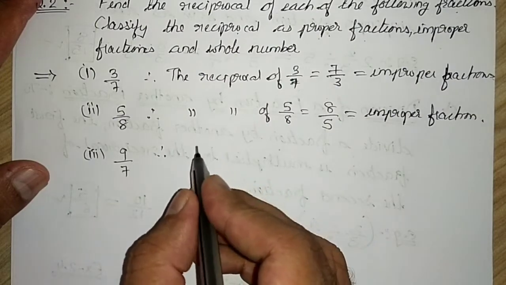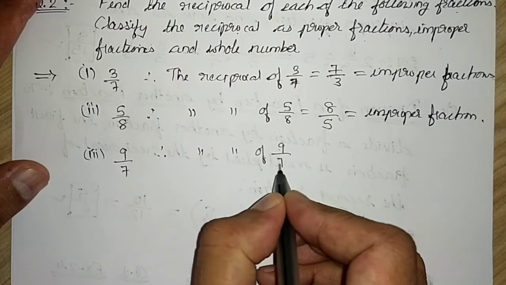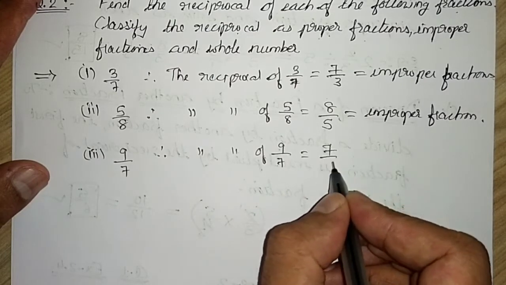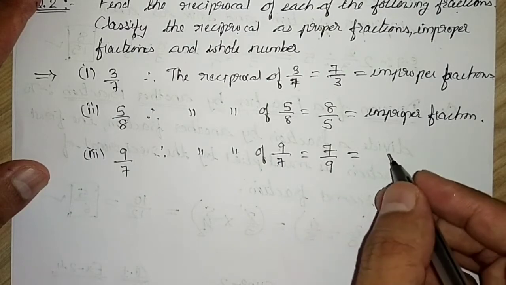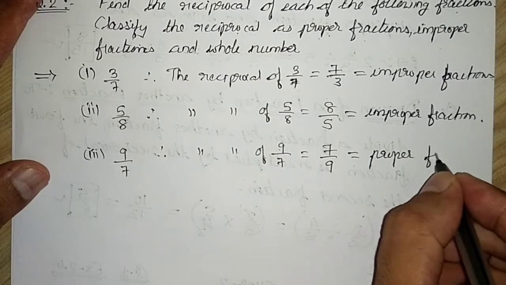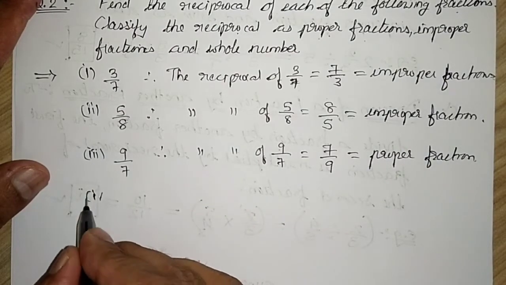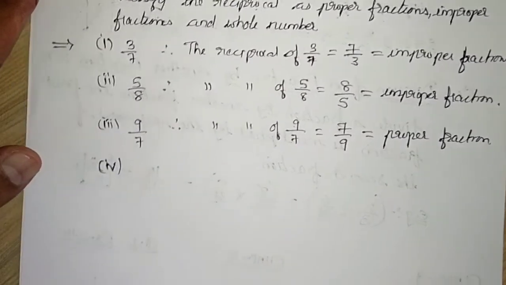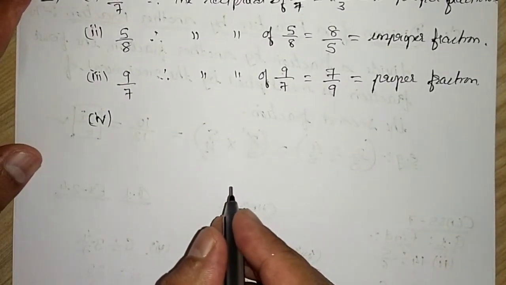Here the number is 9 by 7, so we will write the reciprocal of 9 by 7 is equal to 7 by 9. Here the numerator is smaller than the denominator, so it is a proper fraction. Fourth part is 6 divided by 5.